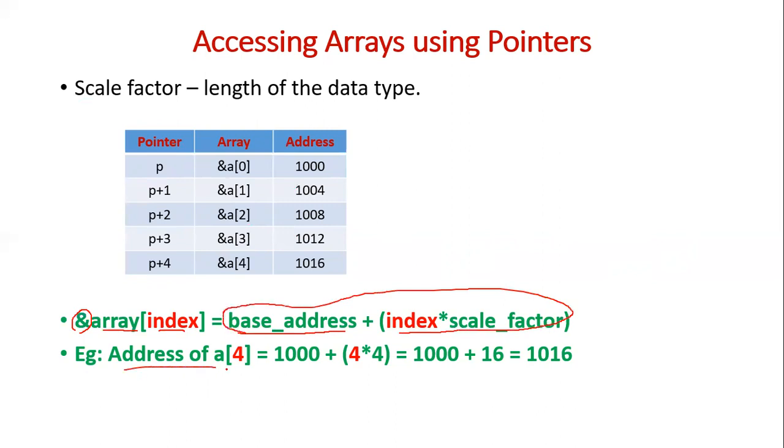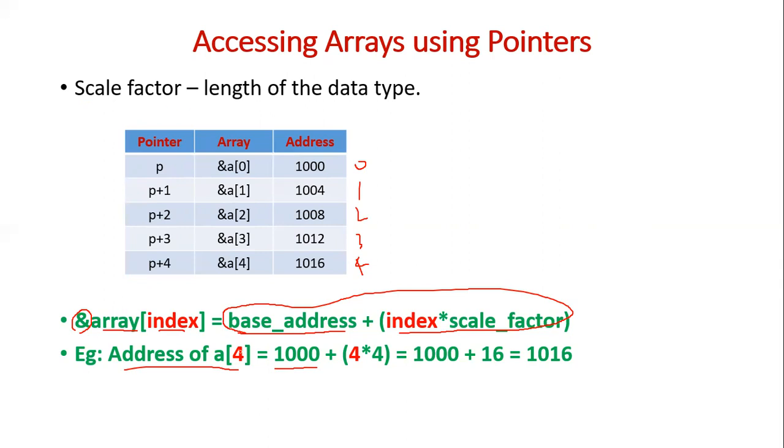If you want to know the address of the fourth location of the array, this is the zeroth location, this is the first, this is the second, this is the third, and this is the fourth. Then the address of A of 4 is equal to the base address, which we assume is 1000, plus 4 into the scale factor.